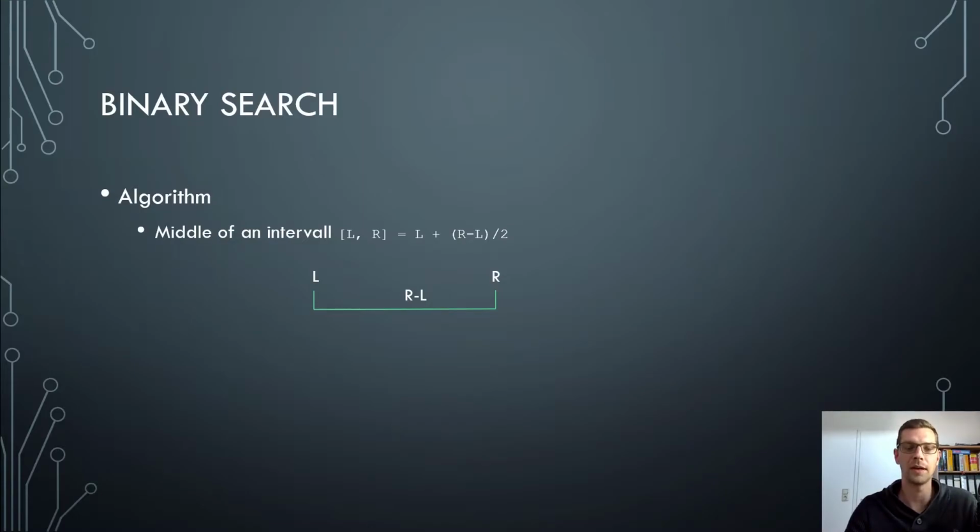But if we have a subarray, let's say the array 5 to 7, then our range of indices is a little bit shifted. And if we do the same, then we have 7 minus 5 is 2, divided by 2 is 1, and that is not even in the array.